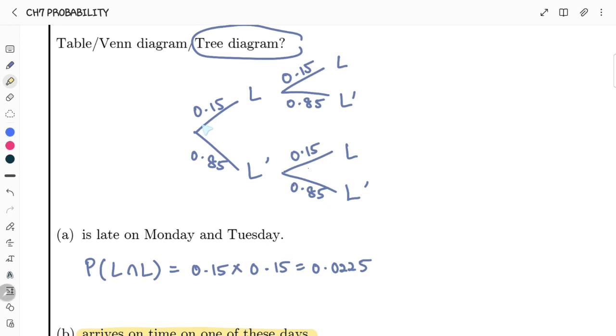So late on one day and then on time on the other, or on time and then late. We have to multiply along the branches and add between branches. We have to add these 2 probabilities.